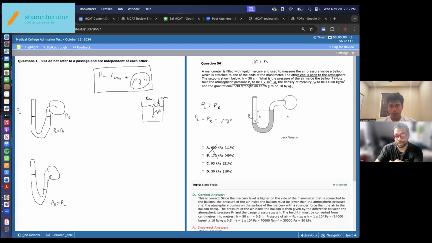Now we have to solve for the pressure on the right. We already know the pressure on the left, which is 100 kilopascals, and then we can just subtract the density times gravity times height.